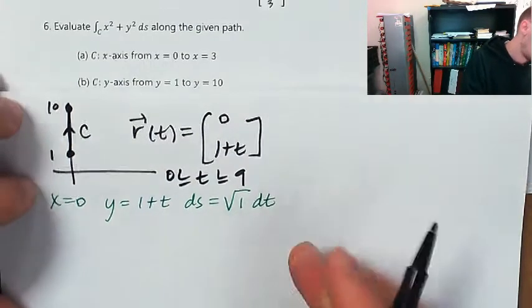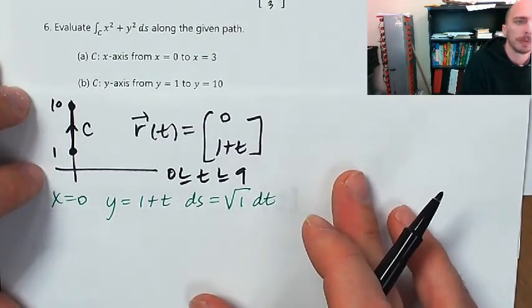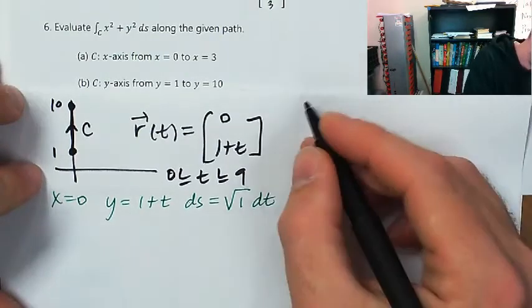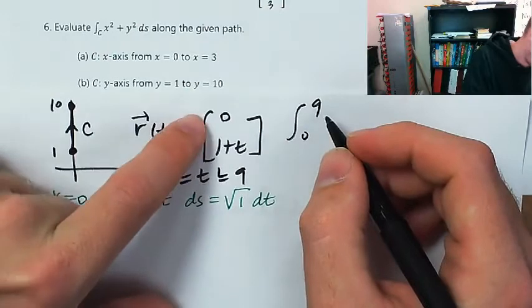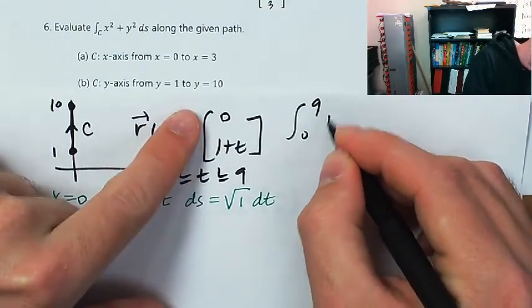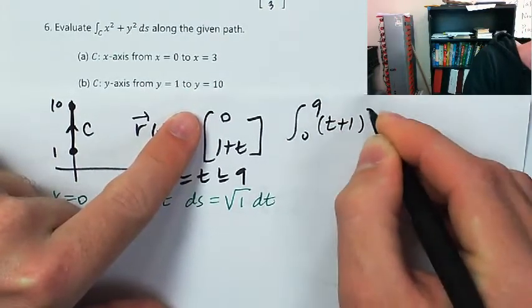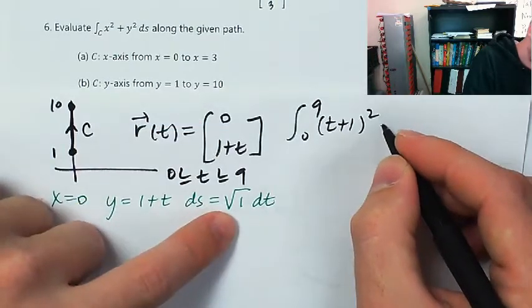All right, and then I'm going to have the integral from 0 to 9 of x squared plus y squared times the square root of 1 dt.